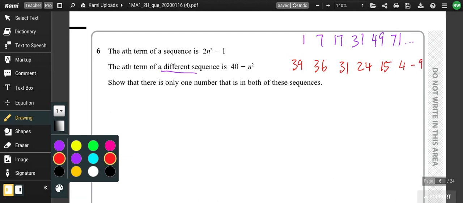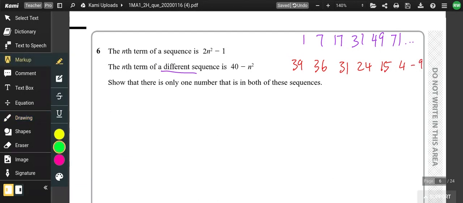So what you can see here is that 31 is the only one that appears in both, and as this first one is increasing and the second one is decreasing, that means that there's not going to be any other solutions to this, and not going to be any other numbers that are common to both.